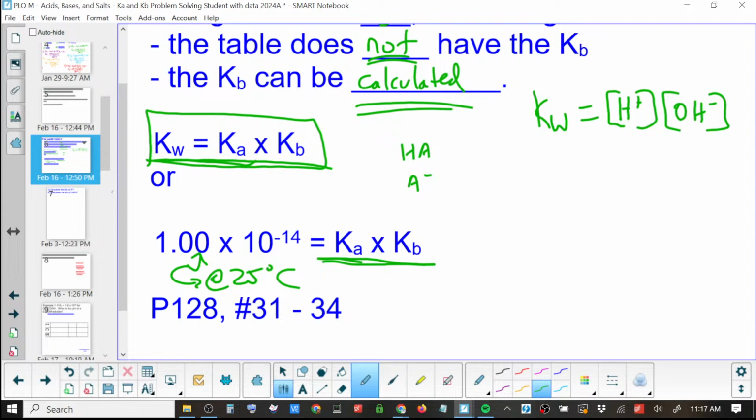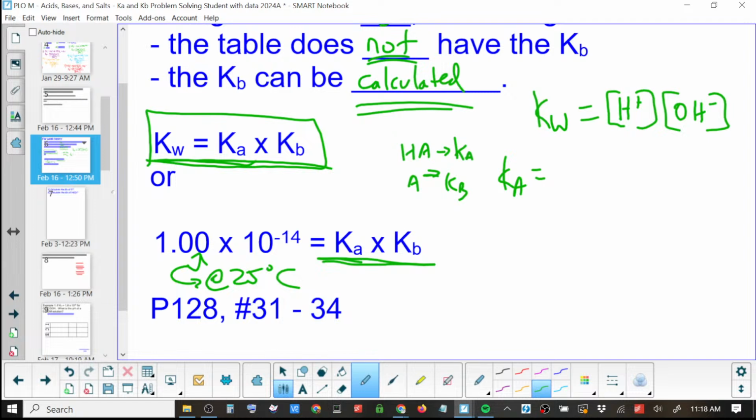People are staring. So what I'll do... Kw divided by OH minus? No, we're not going back and forth. I want the Ka equation for the generic case. So H equals Kw divided by OH. Just, what is the Ka then?